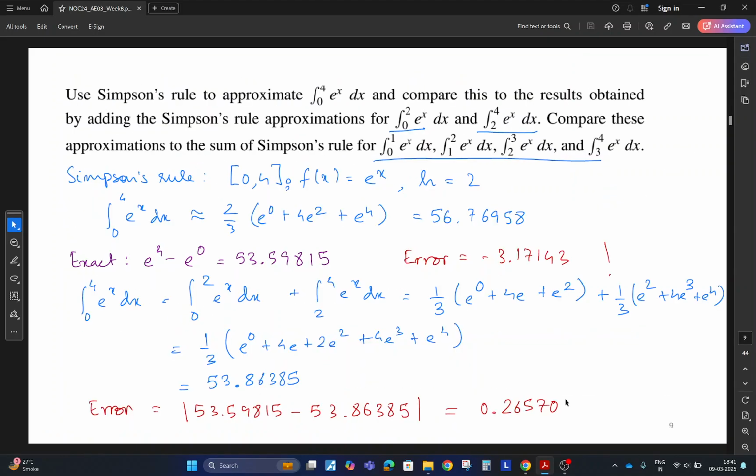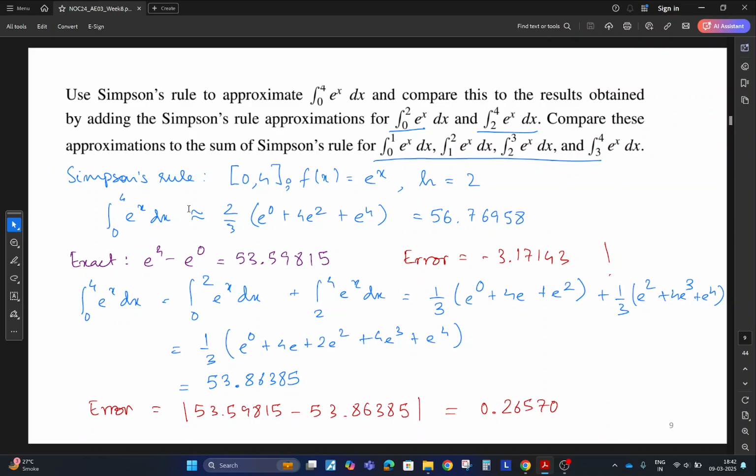So let us get on with the solution. For the entire interval 0 to 4, the Simpson's rule for the function f(x) equals e power x with a step size, which was given as h equals (b minus a) by 2, or in this case (4 minus 0) by 2, or h equals 2, will simply give us the value of the integral as 2 by 3 times [e power 0 plus 4 e square plus e power 4], equals 56.76958.